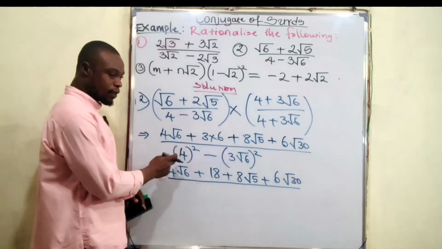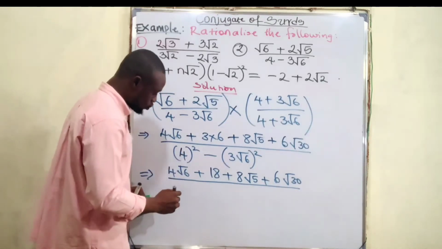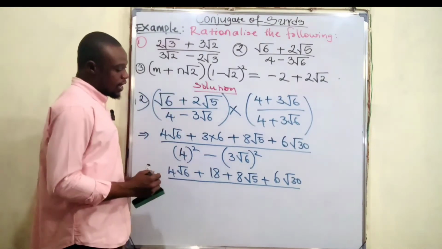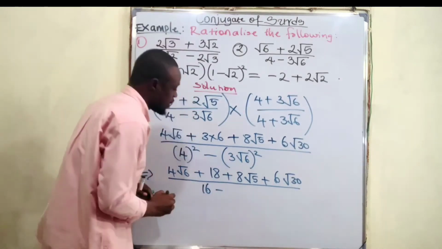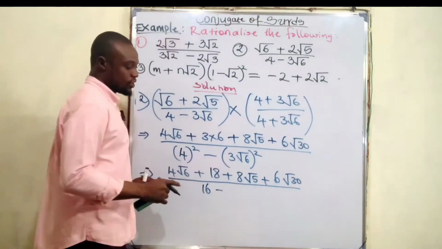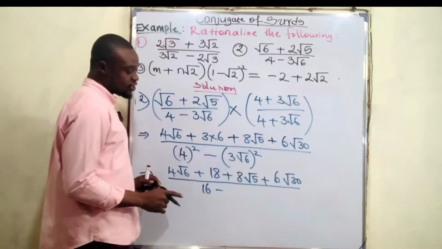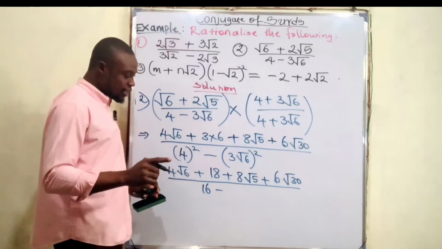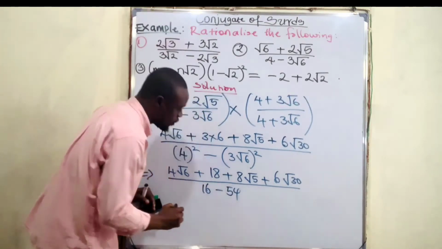Now 4 square is what? 16. 4 square is 16, and 4 square gives us what? 16 minus. Now 3 square is what? 9, and the root of 6 square is 6. So 9 times 6 is what? 54. So I have 54.